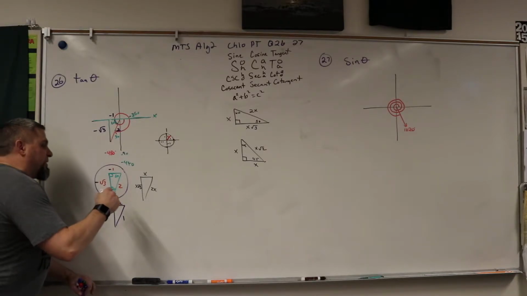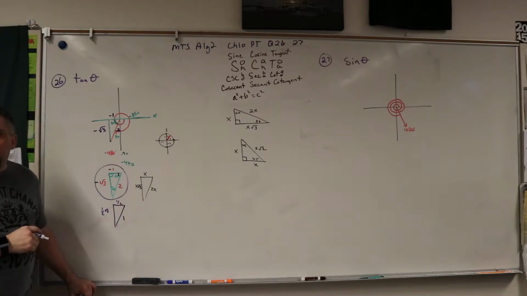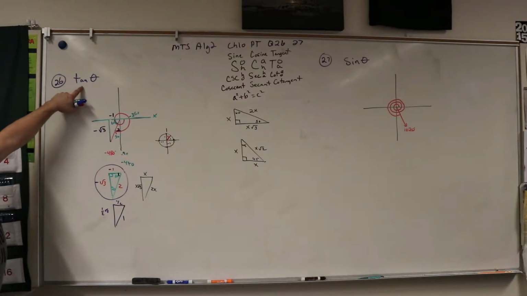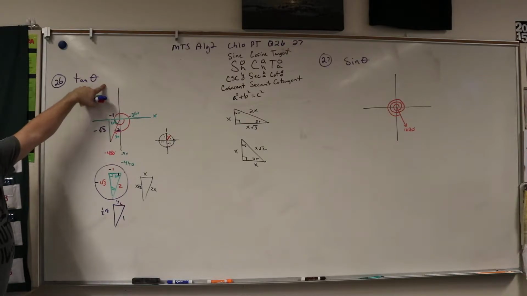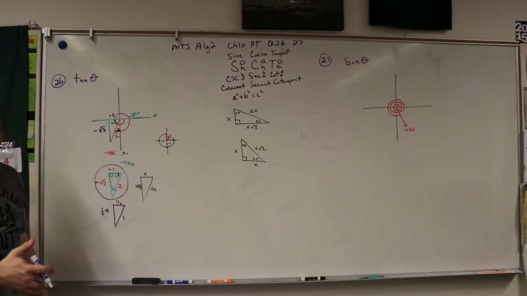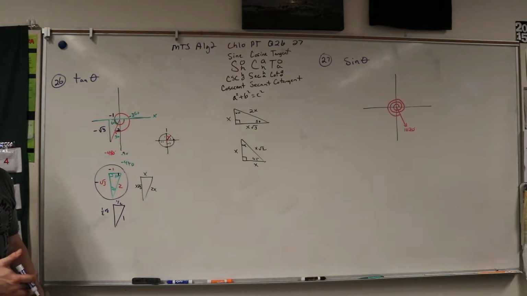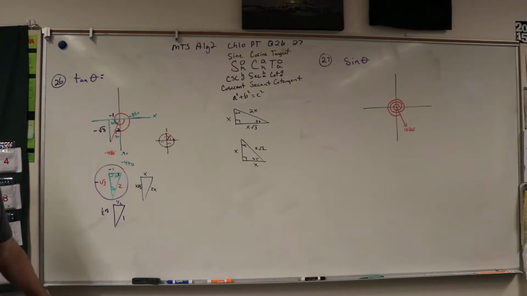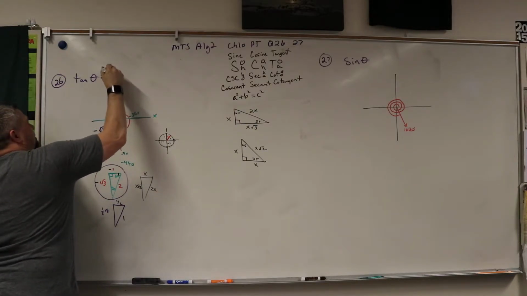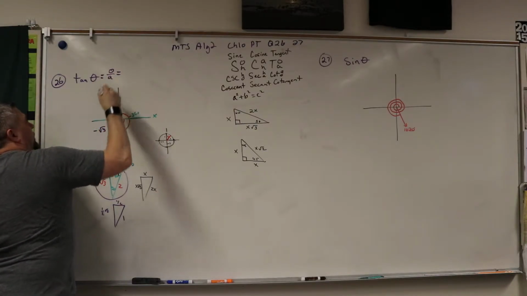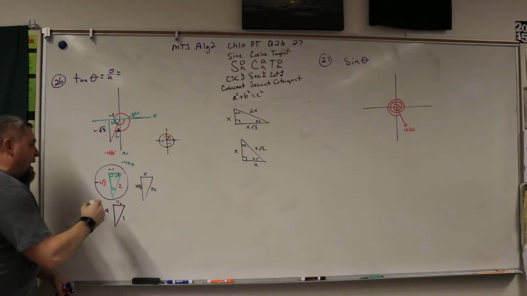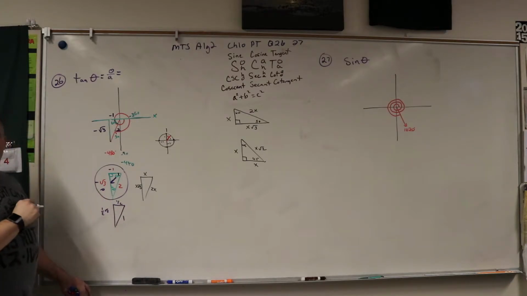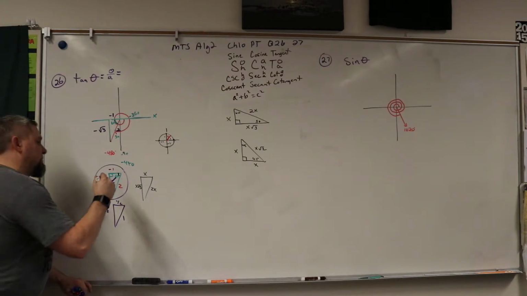Now, it's with respect to this angle, because that's our reference angle, and they want the tangent of that angle. What does tangent equal? Opposite over adjacent. My bad. TOA. So now we look at this and ask where's our opposite? This is O. Where's our adjacent?